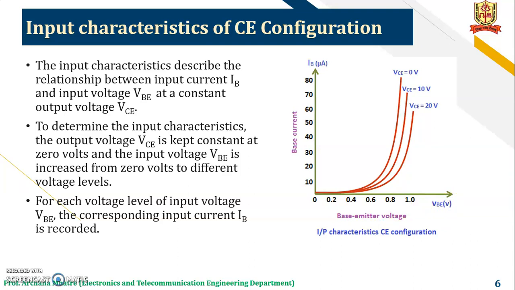To determine the input characteristic, the output voltage VCE is kept constant at 0 volt and the input voltage VBE is increased from 0 volt to different voltage levels. For each voltage level of the input voltage VBE, the corresponding input current IB is to be recorded.